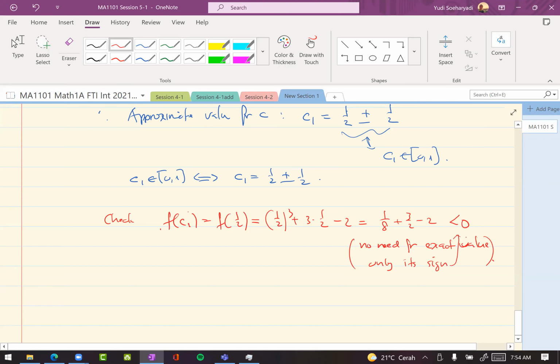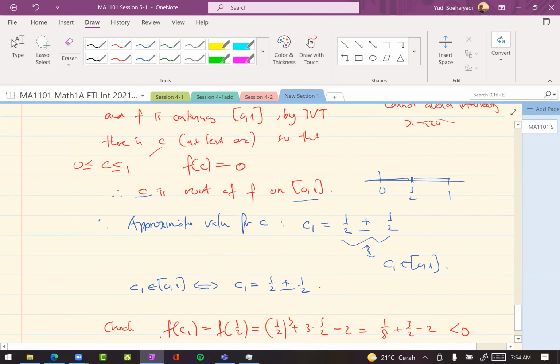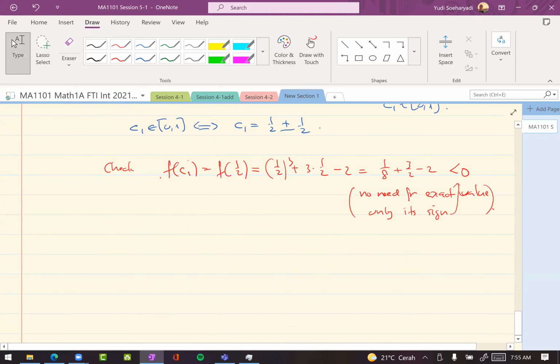Positive, negative. Why? Because, all right, so this is everything, 0, 1. At 0, this is the value, and 1 is somewhere here. So there must be an intersection between 0 and 1.